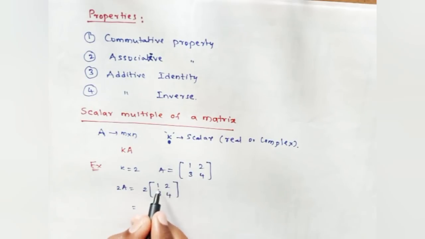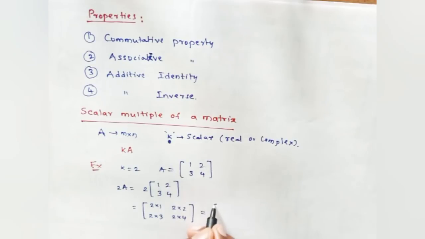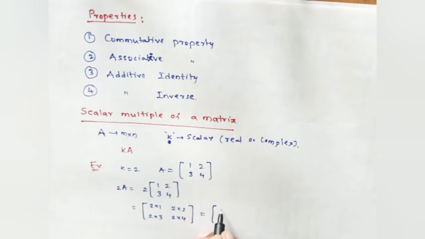So you need to multiply each and every element of this matrix with 2. That is 2 into 1, 2 into 2, 2 into 3, 2 into 4. That is 2, 4, 2 threes are 6, 2 fours are 8.